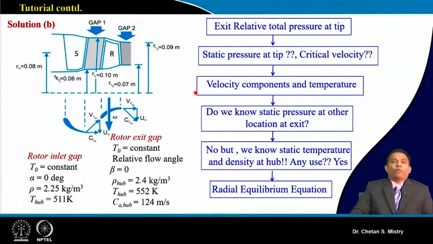Whenever this information is given to you, look at what information is known to me and how I correlate these things. Many times the formulas are known to everyone, but how to apply them and where to apply them is always a question mark. So make this kind of chart. That will give you a hint how to solve the numerical. This will make our method of solution very easy.